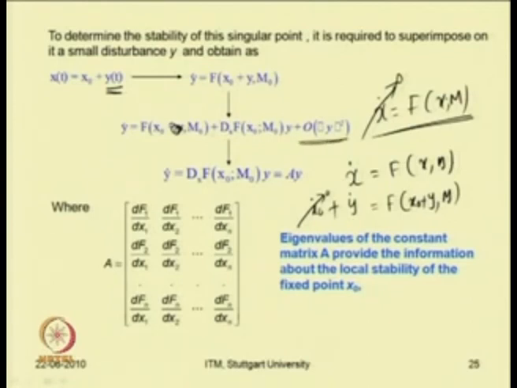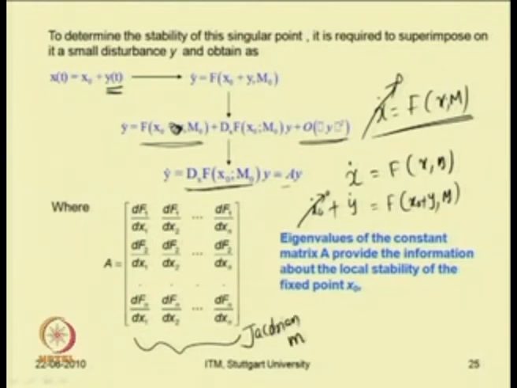As f(x 0, m 0) equals 0 for steady state, we obtain y dot, the rate of the perturbed part, equal to d x f(x 0, m 0) y. I can write this in matrix form, y dot equal to A y, where A is known as the Jacobian matrix.